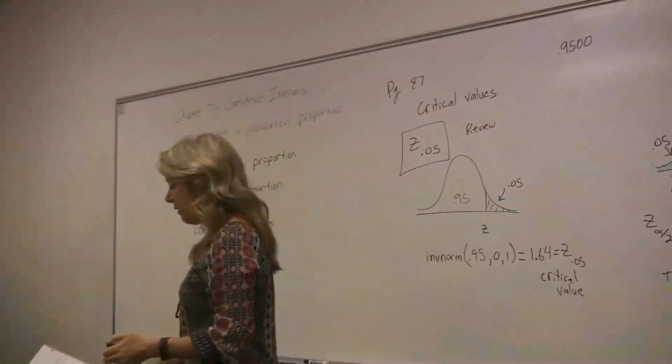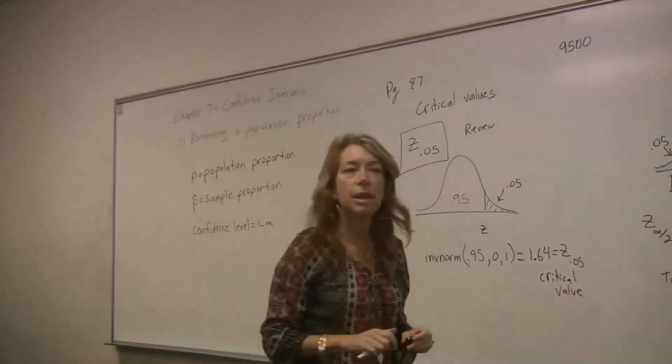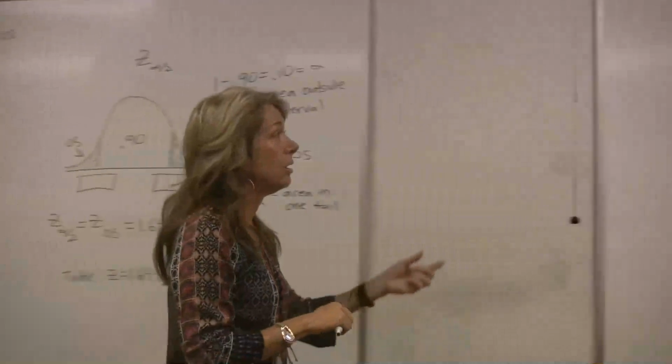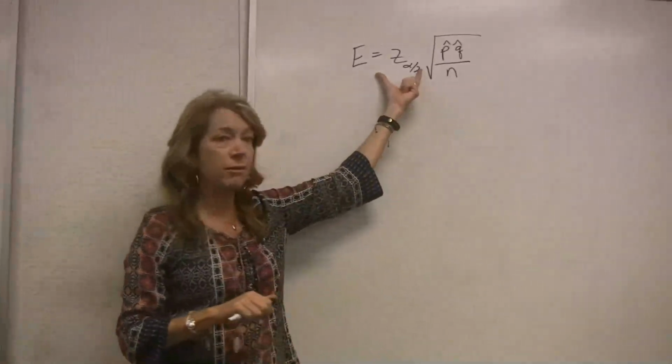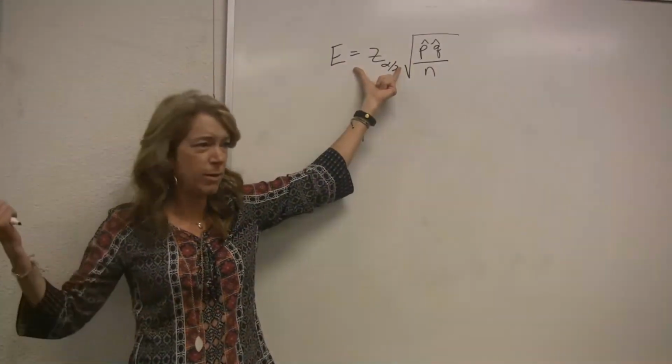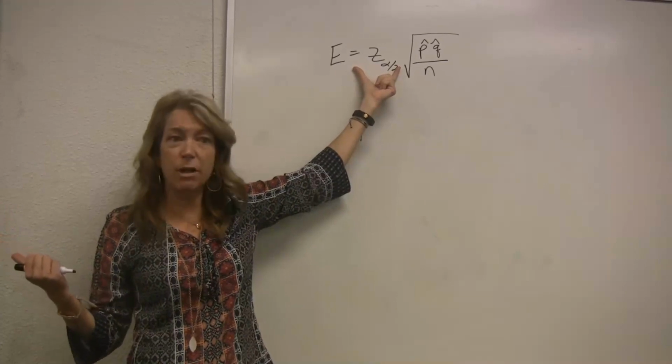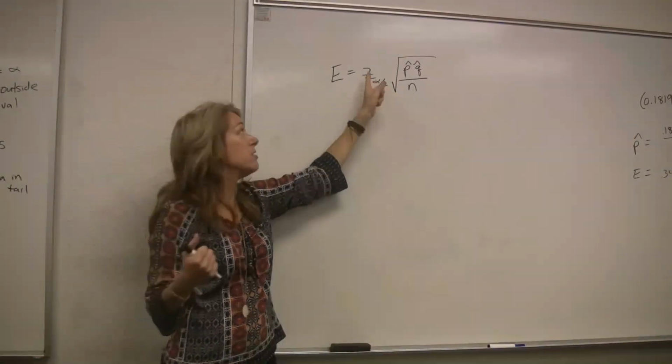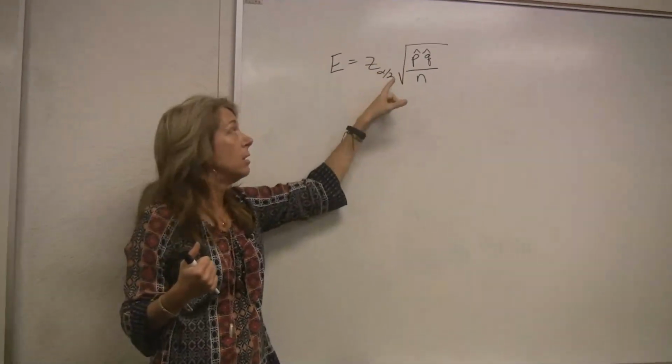Weird looking formula to find the margin of error. But the Z alpha over 2 is what we were just practicing. So we have to be able to look up a critical value. That's just one number right there.